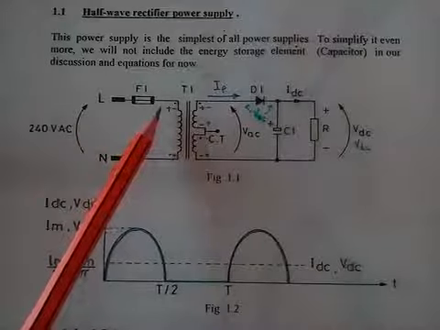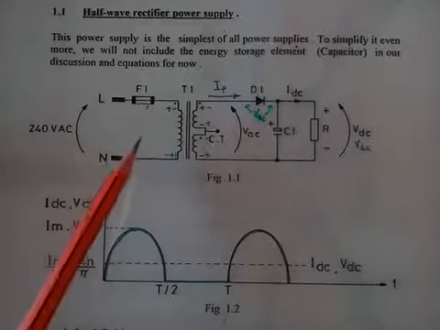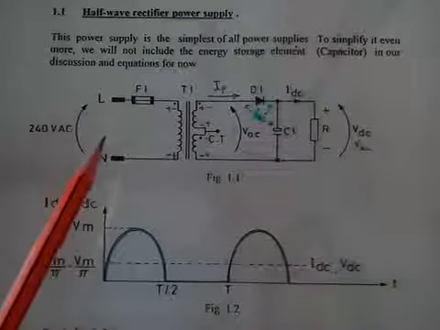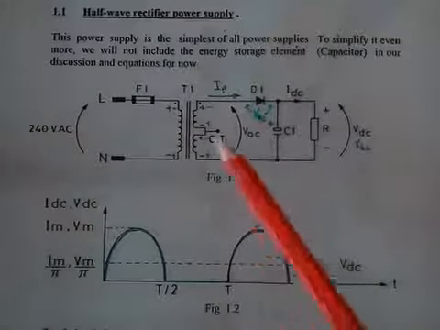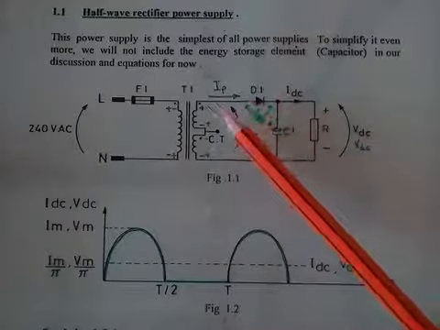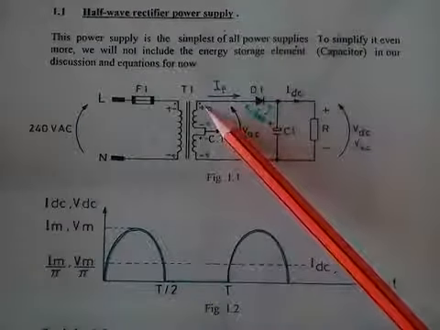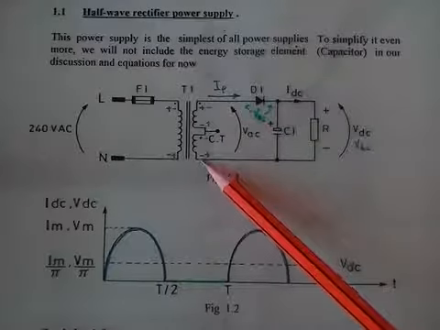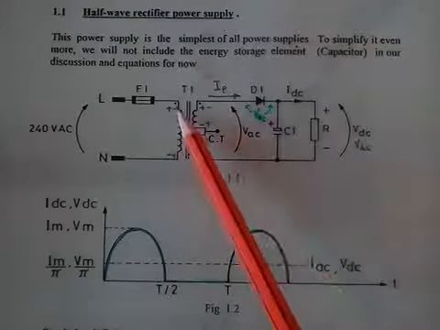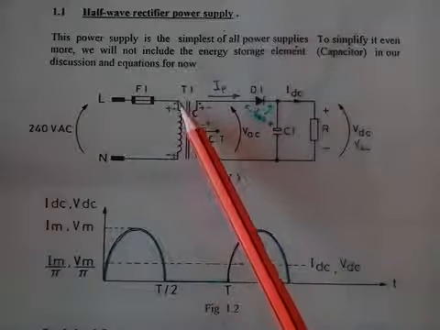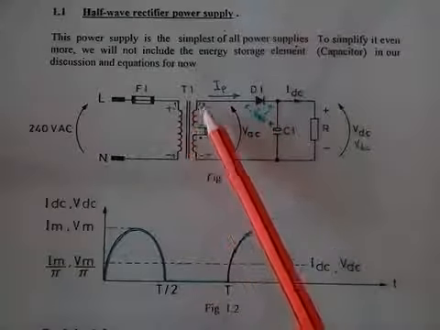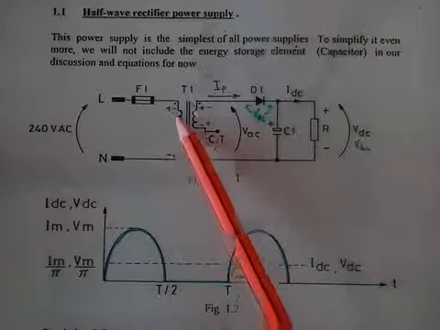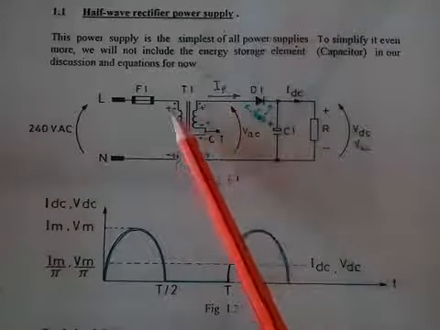You have your positive at this side, you have your negative at this side. And you will have at the secondary the same thing, the positive in this side and the negative in this side. And that's because we have these two little dots in here that indicates that our polarities are the same on these two terminals.